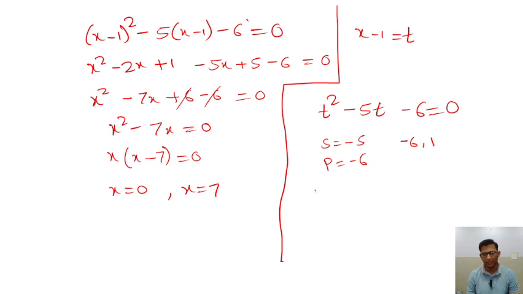I can break it into two factors: minus 6 plus 1 becomes minus 5, and minus 6 into 1 becomes minus 6. So it is satisfying both these conditions.